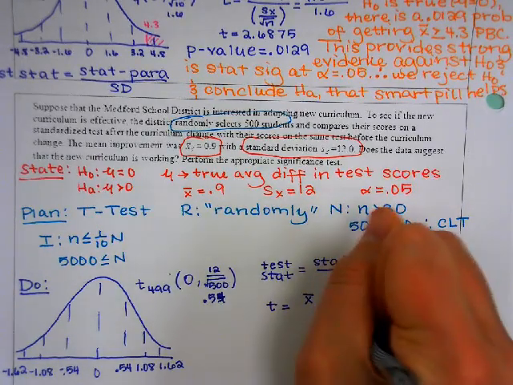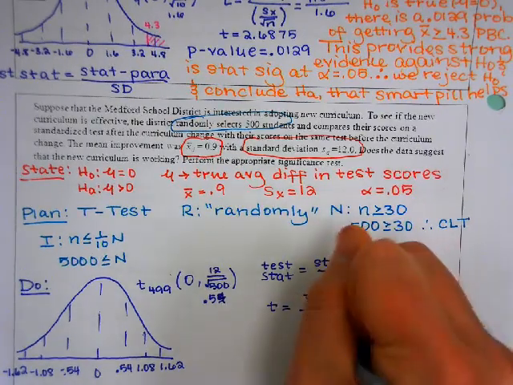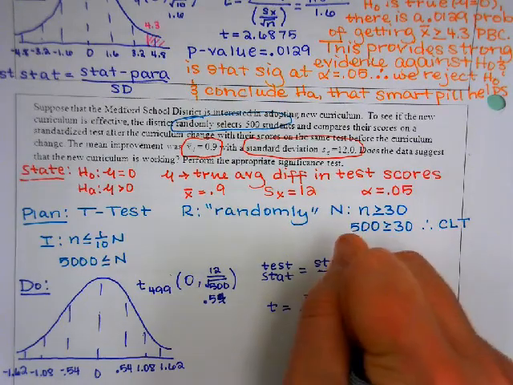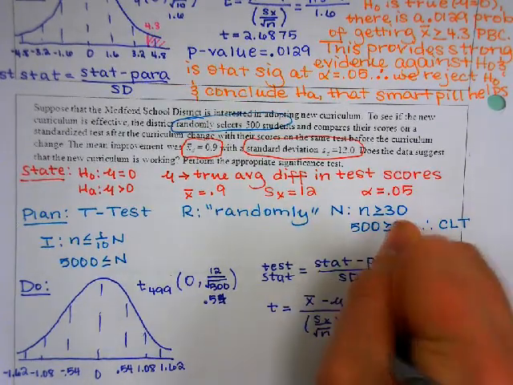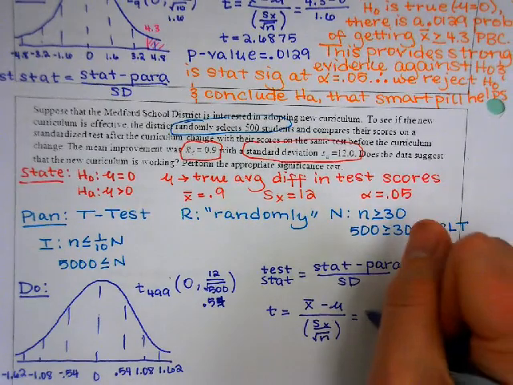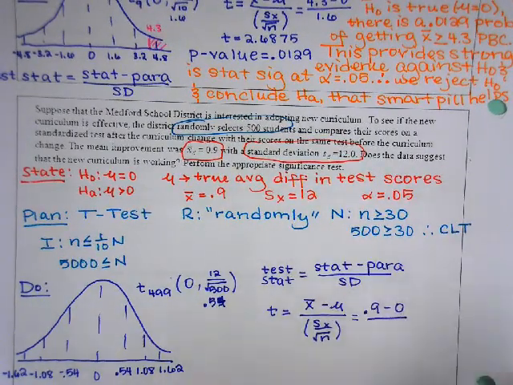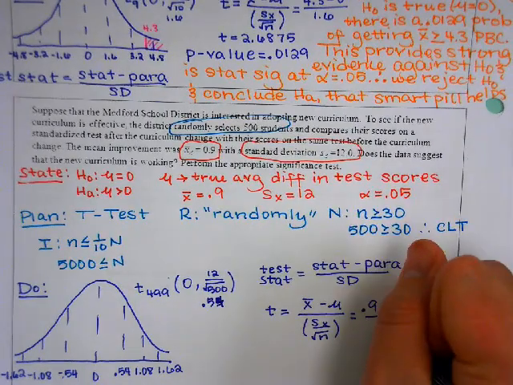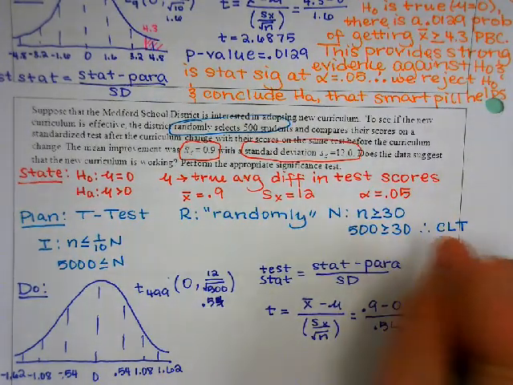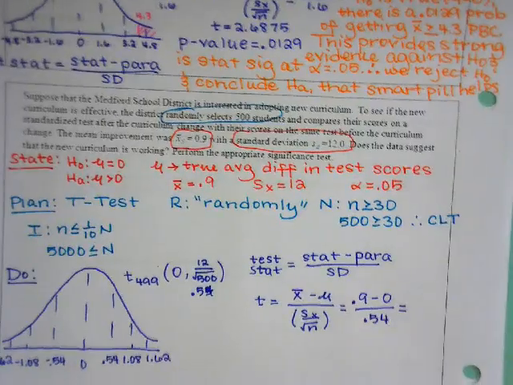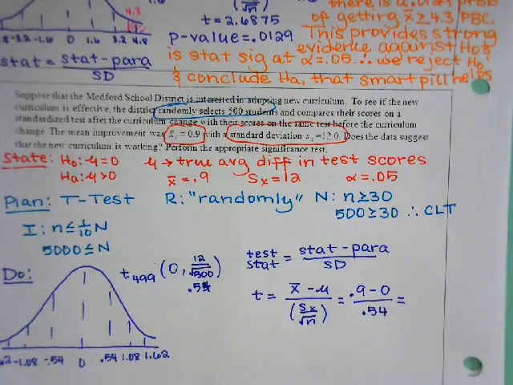X bar is 0.9, mu is 0, s sub x divided by the square root of n is 0.54. 0.9 divided by 0.54 is 1.67.